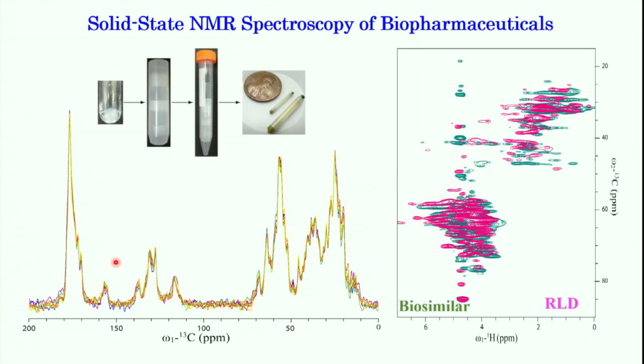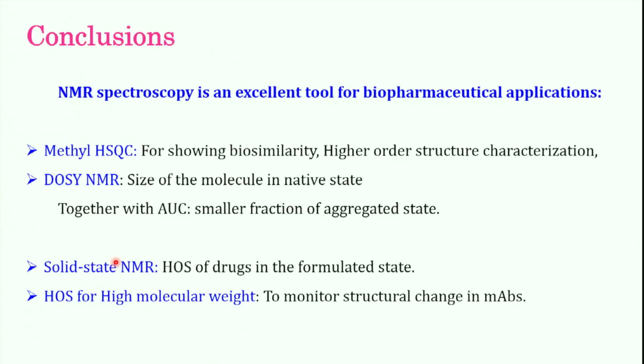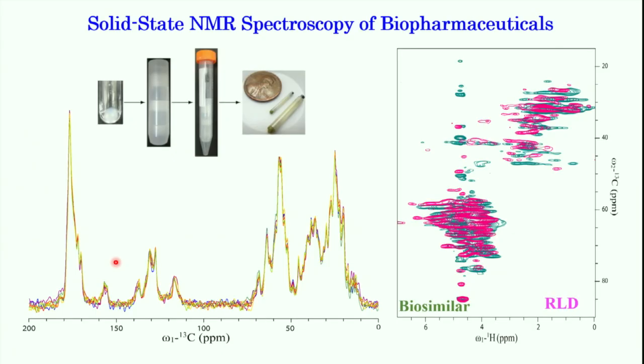We can record a 2D proton detected carbon 13 proton correlation spectrum, biosimilar versus RLD. They are also showing very high similarity, right? So one can conclude here that not only 1D, we can do 2D, and one can again go ahead and do the correlation coefficient or Mahalanobis distance or PCA to show how similar or dissimilar it is.